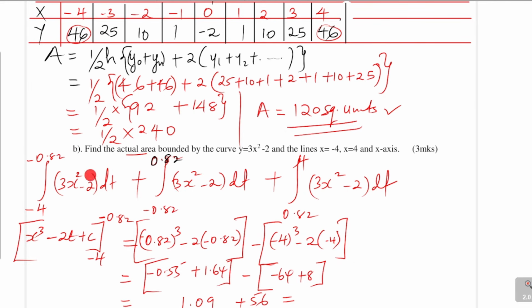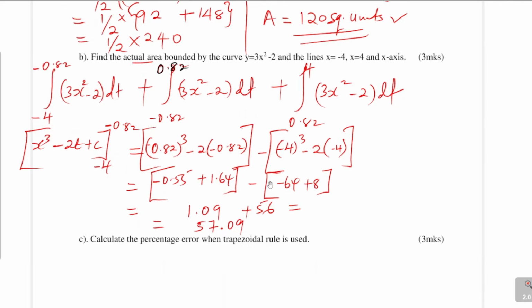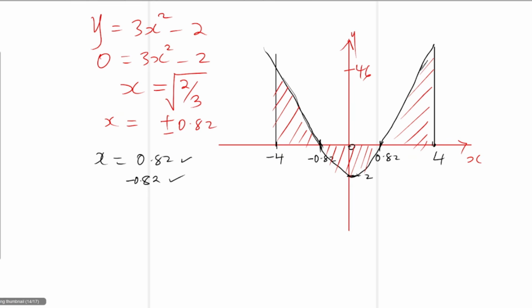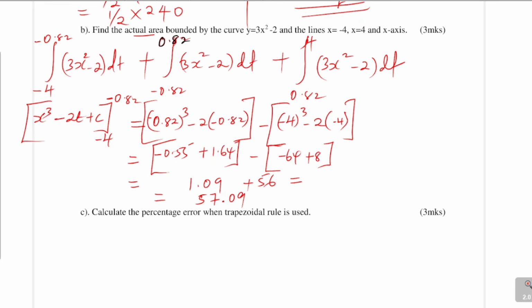Now, since this area, remember, we said this one will be the same as this. So we just get one and multiply by 2. You could see that from the diagram. They are the same. So we multiply this one by 2. When you multiply 57.09 by 2, that will give 114.18.